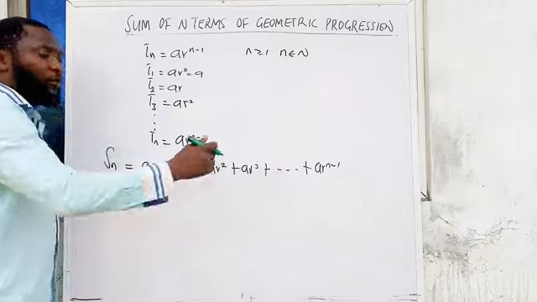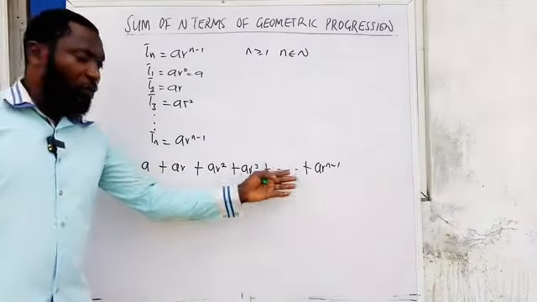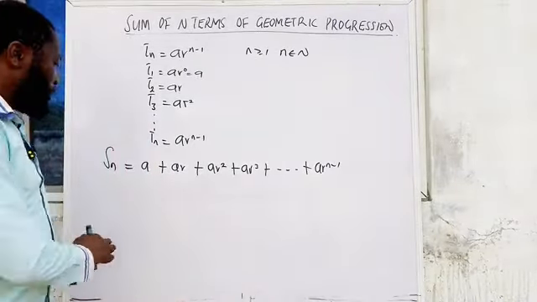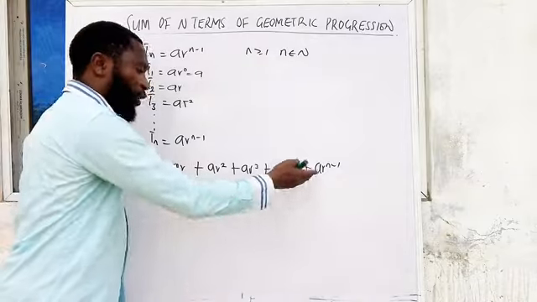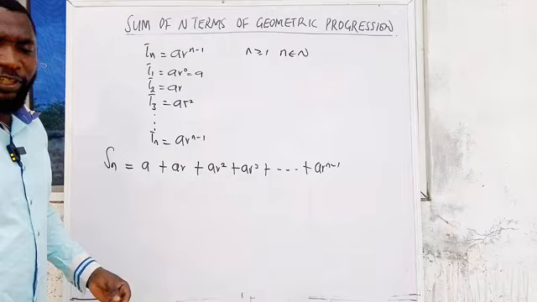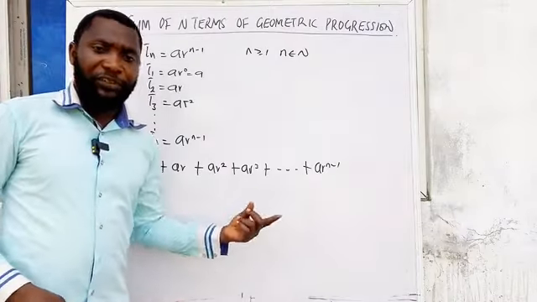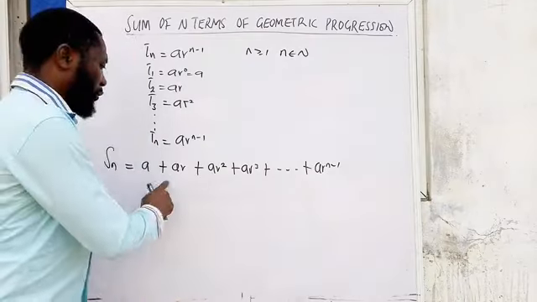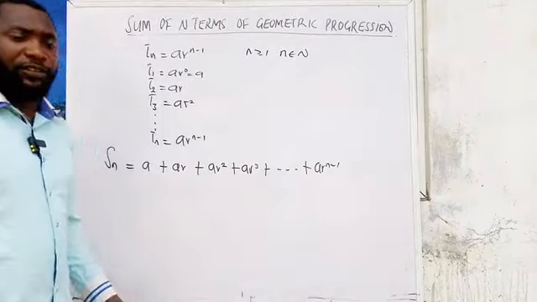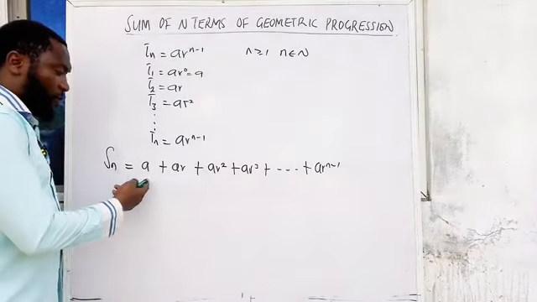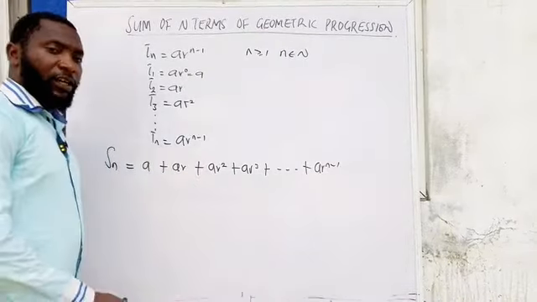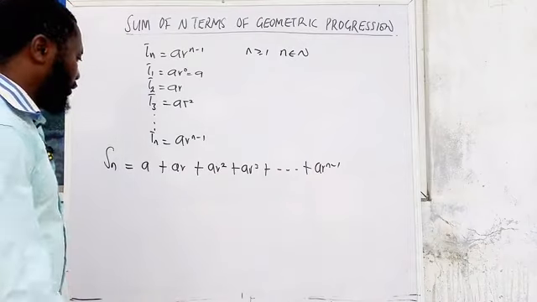This sum is also what we call the partial sum of a geometric progression, which is known as a series. That is what we call a geometric series.